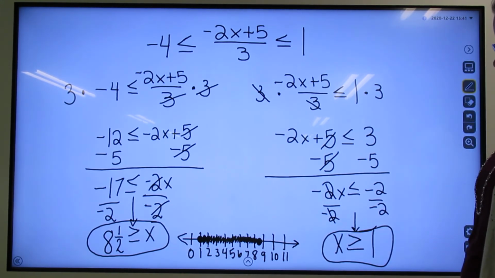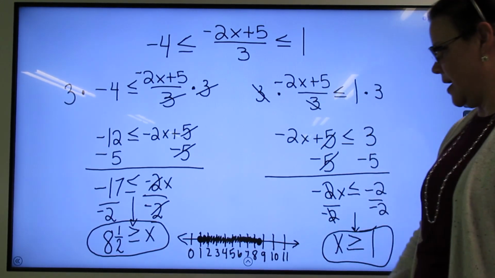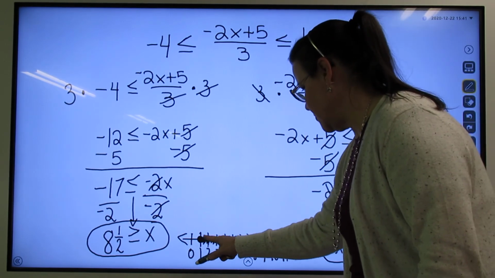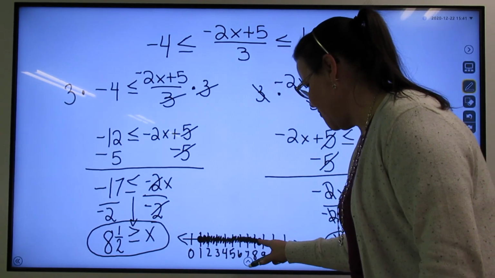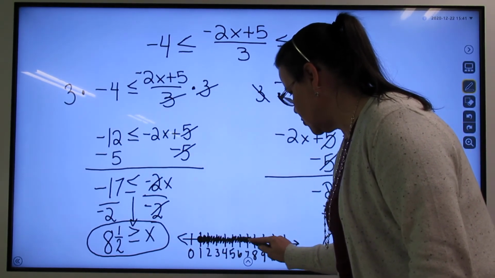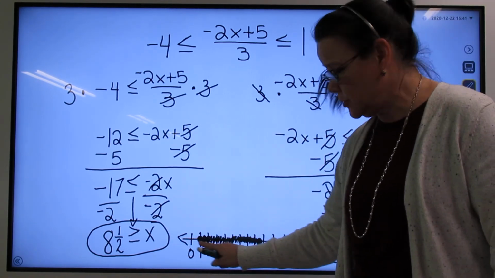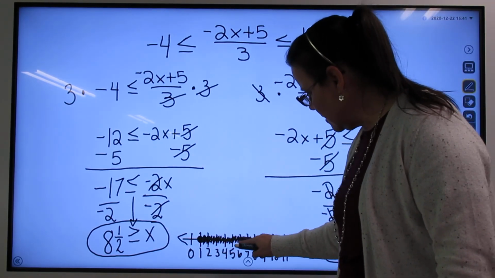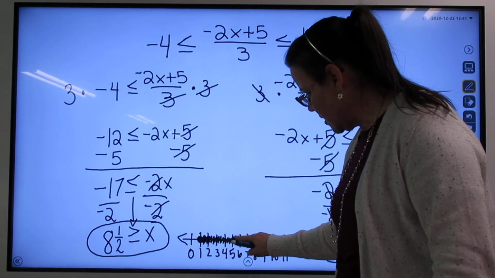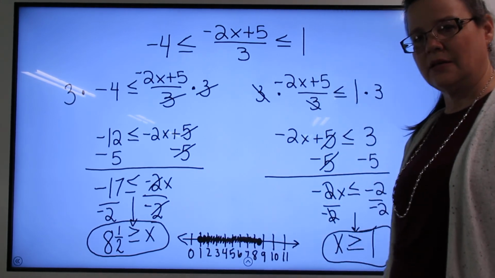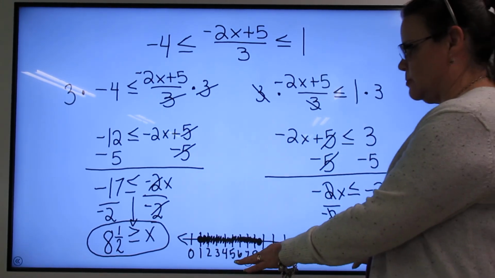And what does that look like graphing? That looks like that. There's my positive 1 and my 8.5. I fill in the circles dark because they are both equal to. And I fill in the graph with a dark line in between each dot. And that would be my graph, and these would be my answers.